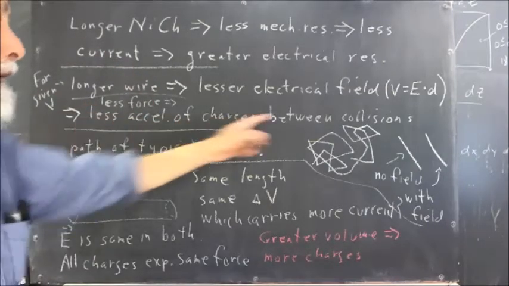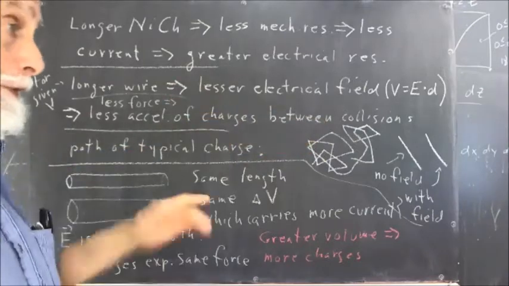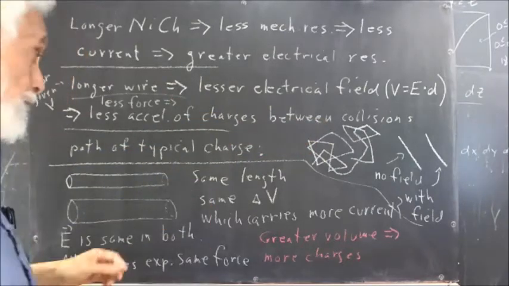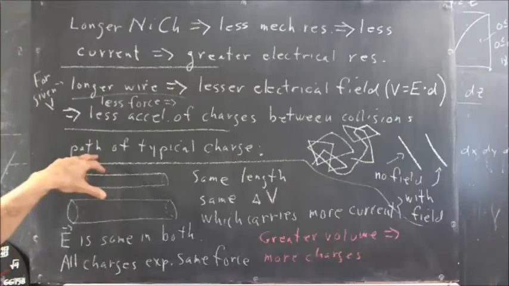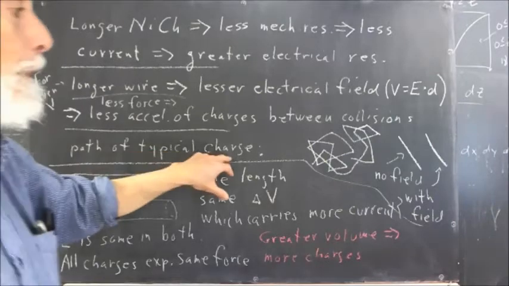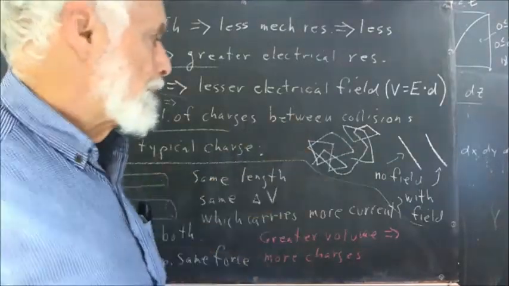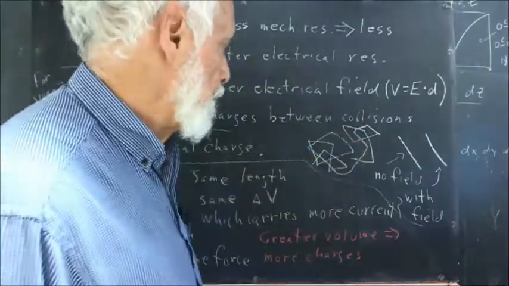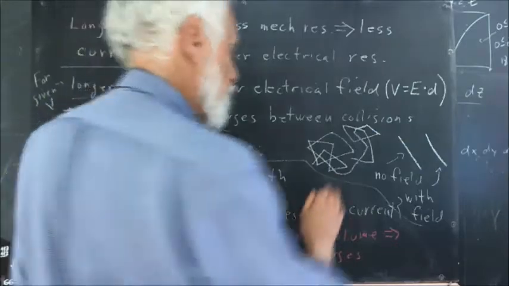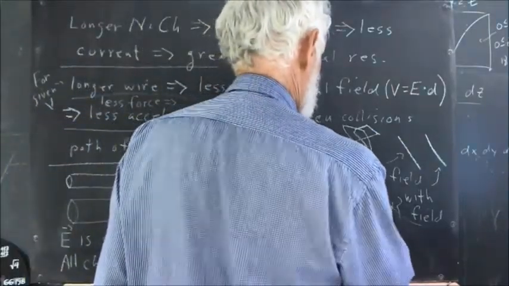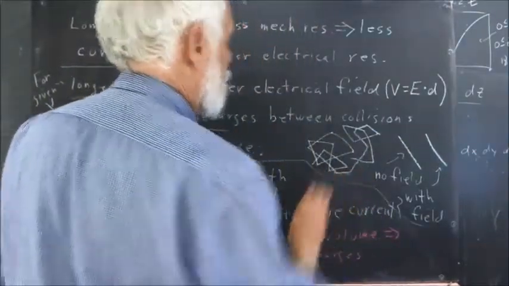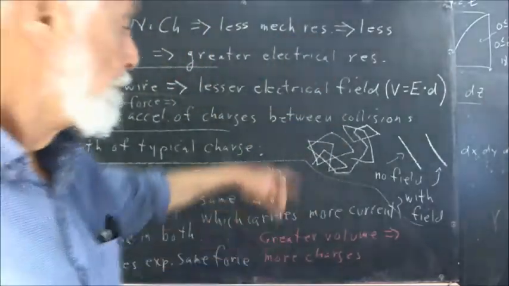Now, what I mean by collisions, we've seen this. I've shown you the simulation of gas molecules and so forth. The path of your typical charge looks a lot like something like this. Okay, these are straight lines between collisions. This one looks like it curved a little because I just didn't quite get that one right. Wasn't sure where I was going.